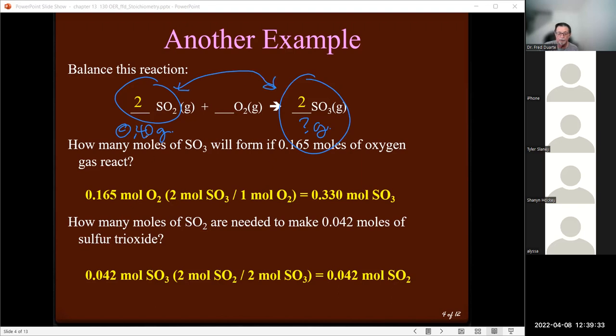Earlier, we had talked about moles, but we have to add one more step, because now we're dealing with grams. And with grams, to get to moles, we need the molar mass, or atomic weight if it's just the element itself, because from grams to moles, we divide by the molar mass or atomic weight.